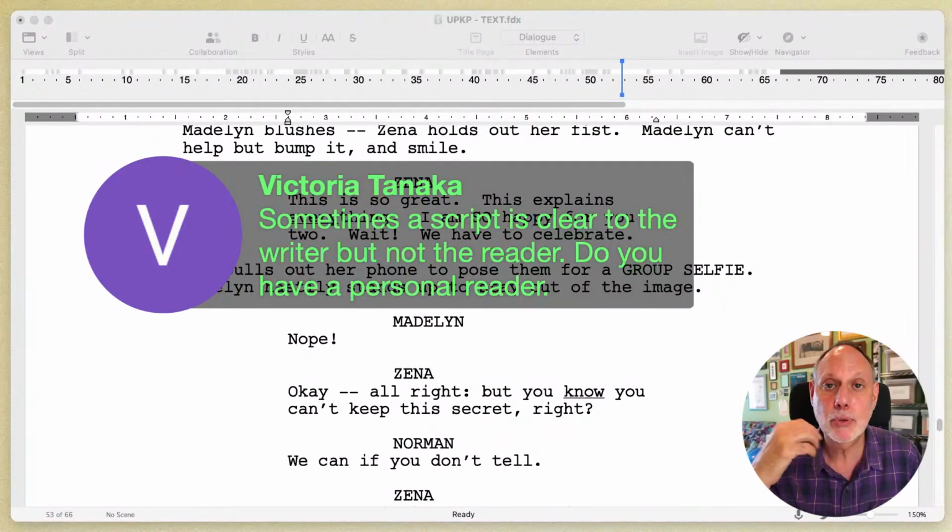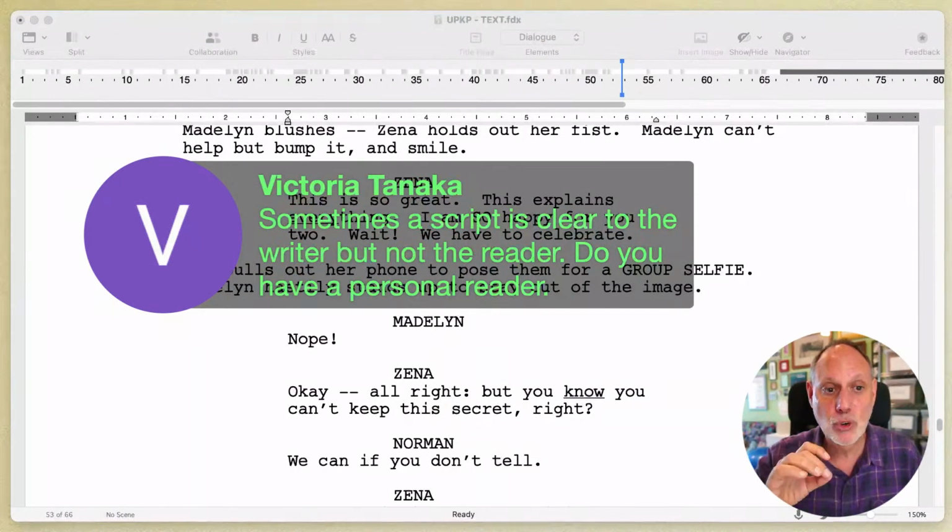But yes, I have people read it. I have writer friends or people in the business friends. There's not that much to be gained from people who are not in the business reading stuff. Although when I was starting out, I gave my scripts to all sorts of people who weren't in the business, because script form is kind of hard for them to read.